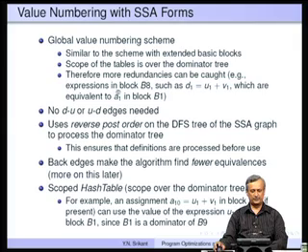Now, with SSA forms we can do even better. So, this is a global value numbering scheme which is very similar to the scheme with extended basic blocks. Okay. But the scope of the tables is over the dominator tree. So, it is not the extended basic block that rules the scope of the tables, but it is the dominator tree. Therefore, more redundancies can be caught.